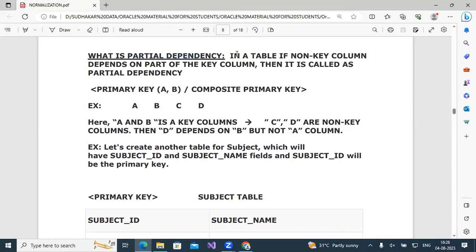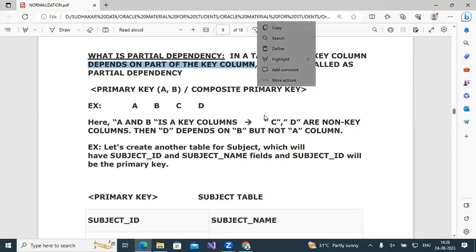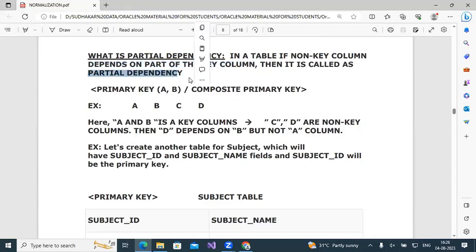In a table, when a non-primary key column depends on a part of the key column. It's not the whole key column, it's a part of the key column. When non-primary key columns depend on a part of the key columns, then we call it partially dependency.